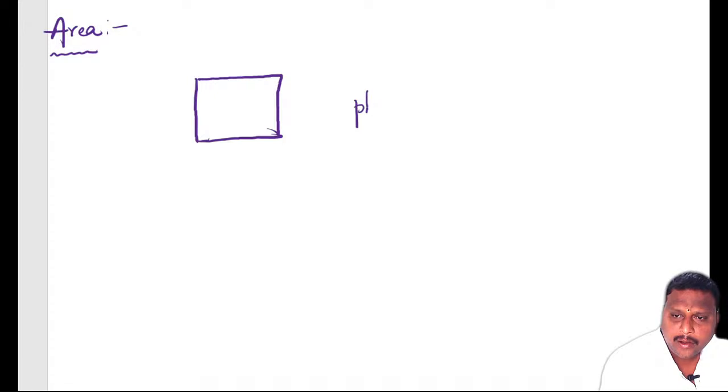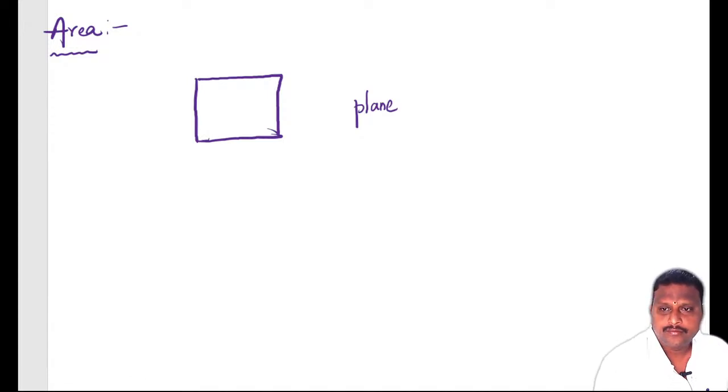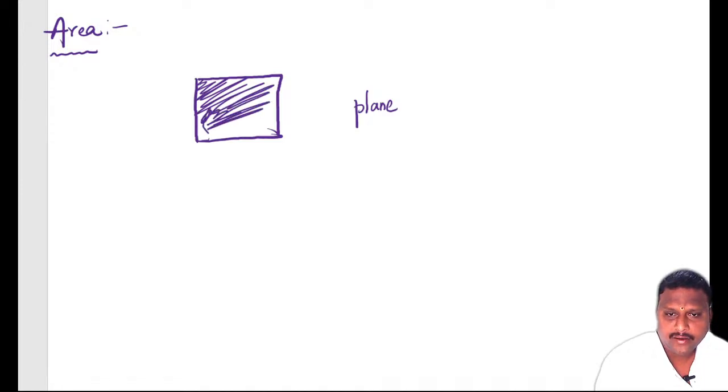What is meant by plane? Your screen is a plane. Your blackboard is a plane. Your slate is a plane. If I draw anything on that, how much surface is occupied by that figure is called the area. All the area occupied by that figure is called the area.